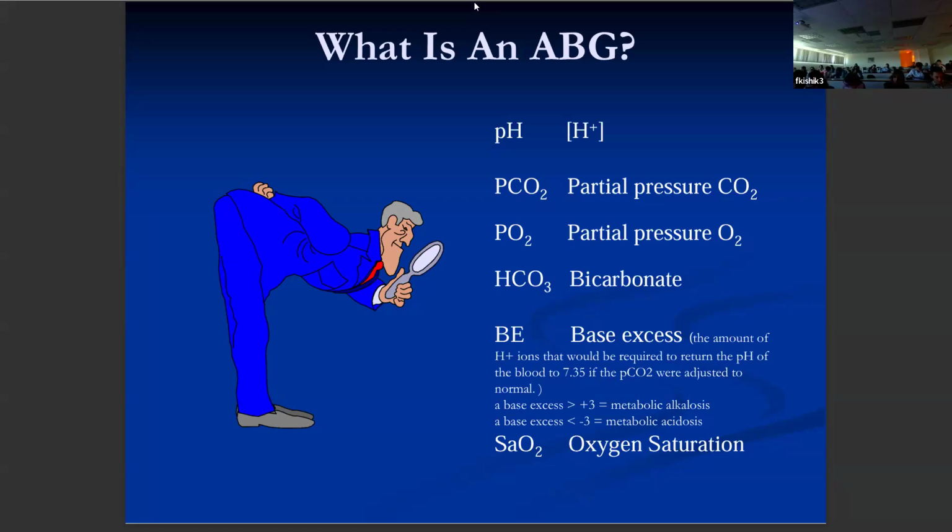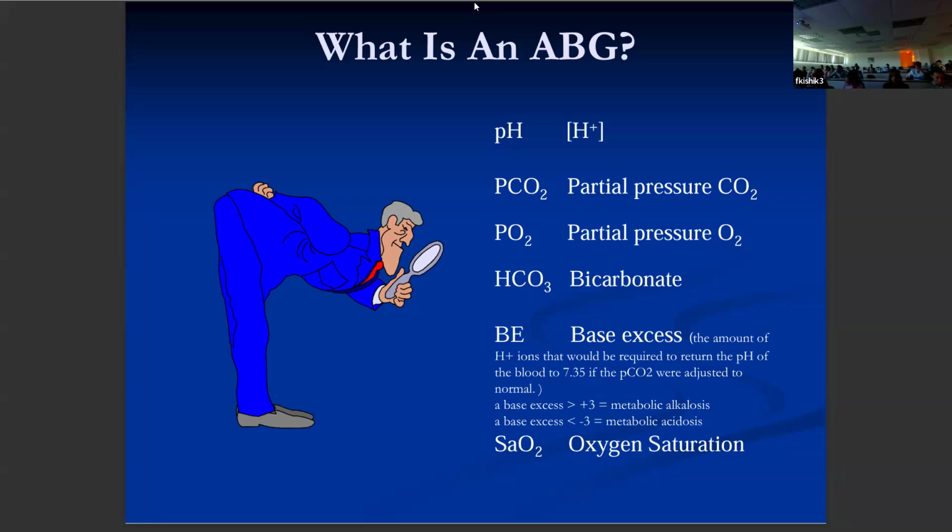Hydrogen is acid. If you have to take away 3 hydrogen ions, that means they are in an acidotic state, right? On the flip side, if it's a base excess of +10, that means you have to add 10 hydrogen ions to them because they're alkalotic. Add 10 hydrogen ions to bring down their pH to 7.35.